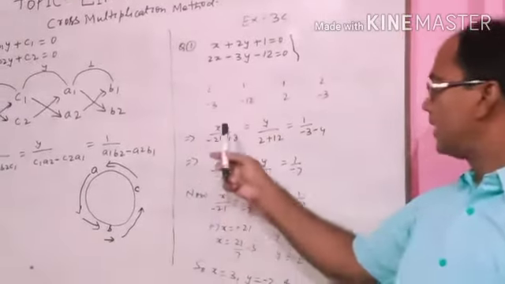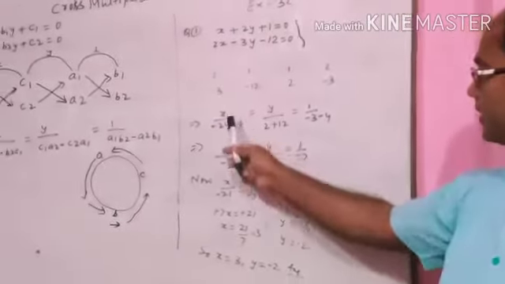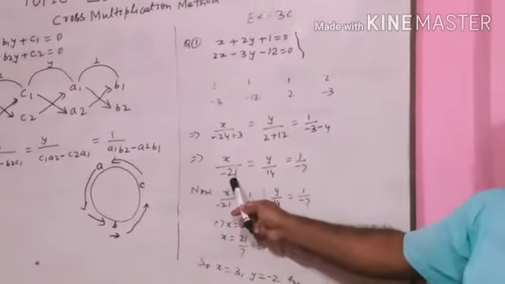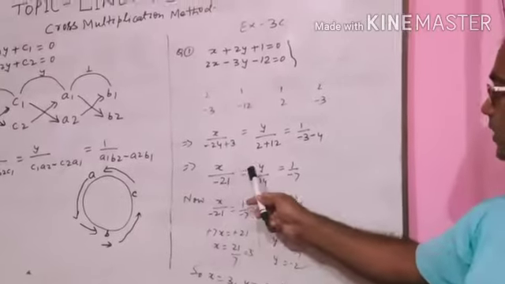Now students, I have calculated x by minus 21 equal to y by 14.